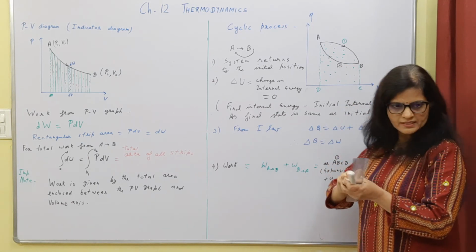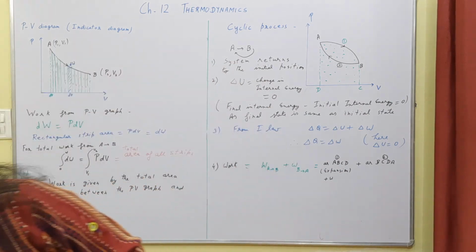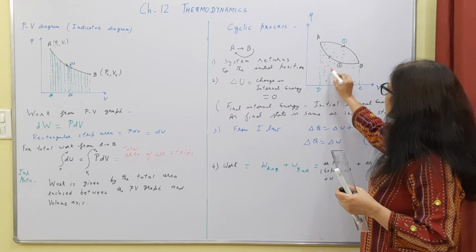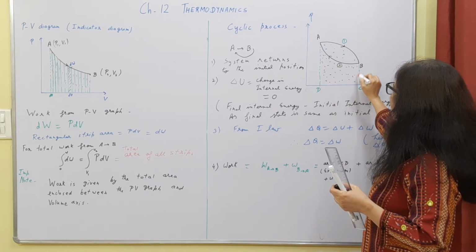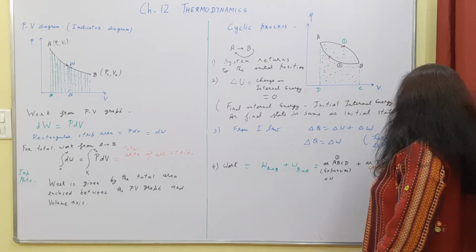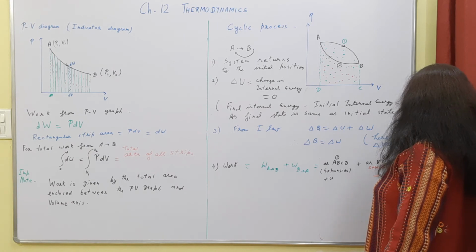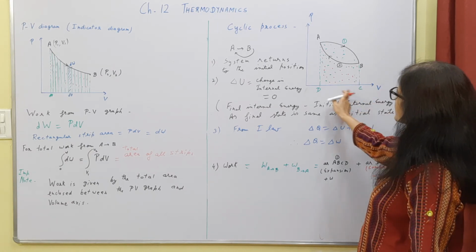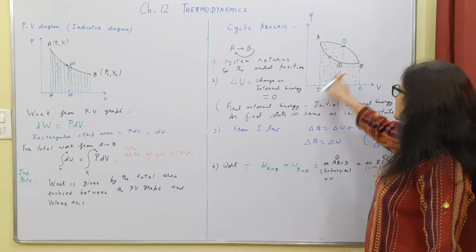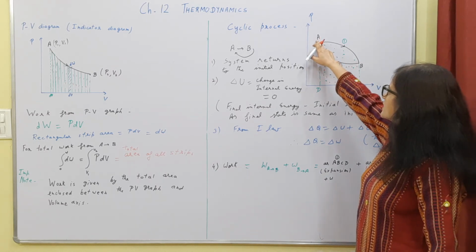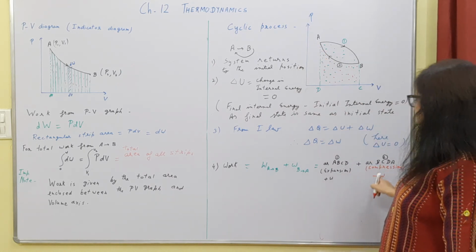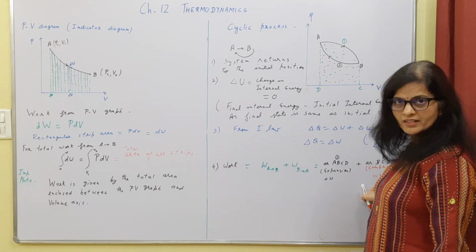What will this be? This work will be negative, since this is compression. How do we know? Because the volume is decreasing. In path 1 the volume is increasing: at A the volume is less, at B the volume is more. In path 2 it is decreasing in volume, so this is compression. When compression is there, the work done is negative.